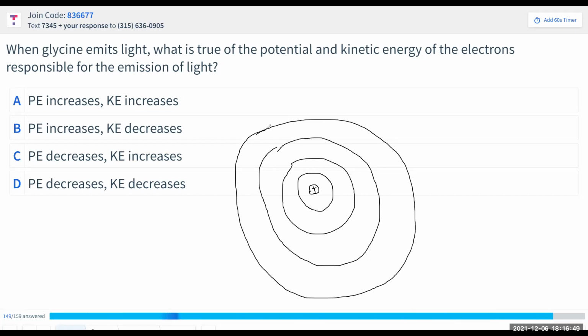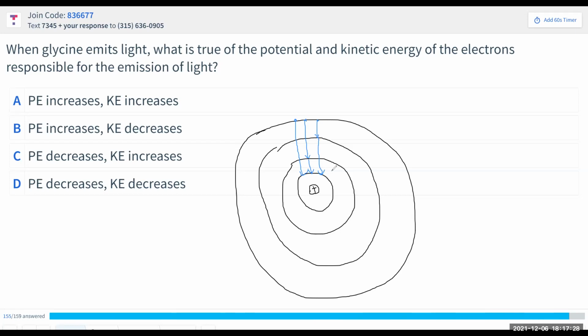Now, during emission, the electron is going to come down from a high energy level to a low energy level. Let's say our electron is initially over here. It can come down from n equals 4 to n equals 1, or n equals 4 to n equals 2 and then n equals 1, or n equals 4 to n equals 3 and then n equals 1, the ground state, and so forth.